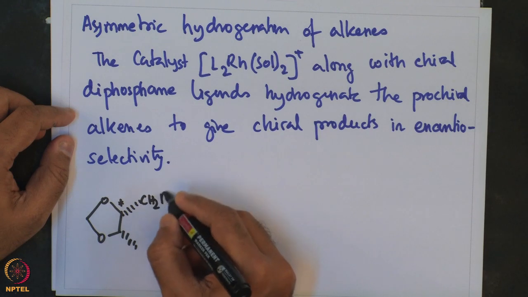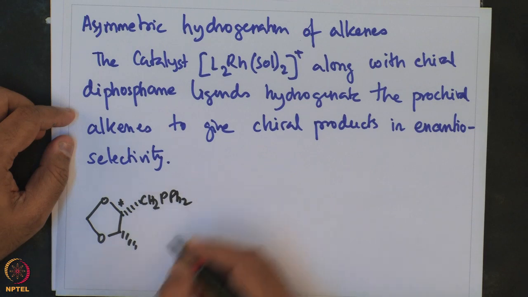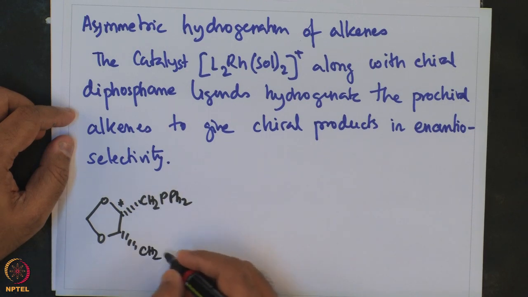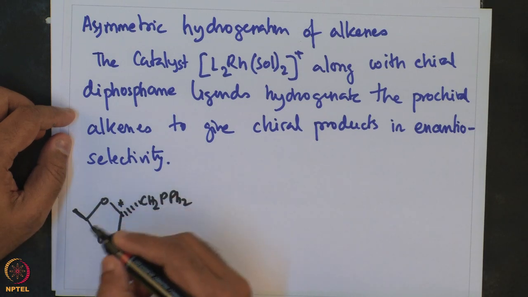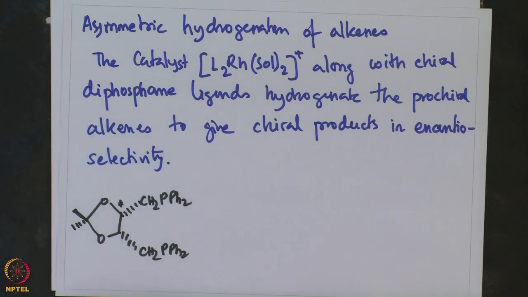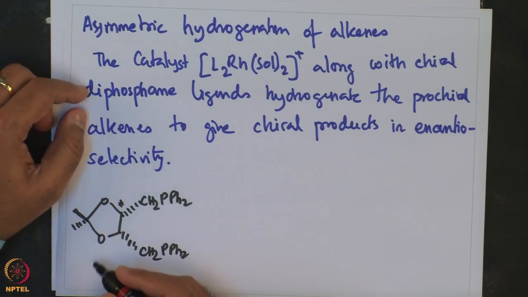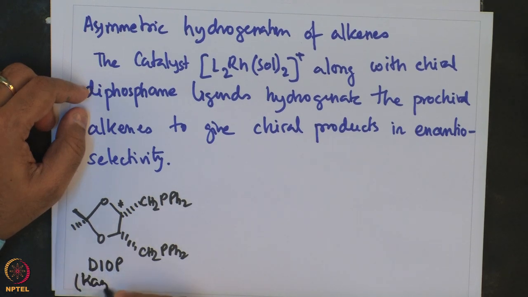CH2 PPh2, CH2 PPh2, and this dimethyl, this is called DIOP, and this was reported by Kagan in 1972.